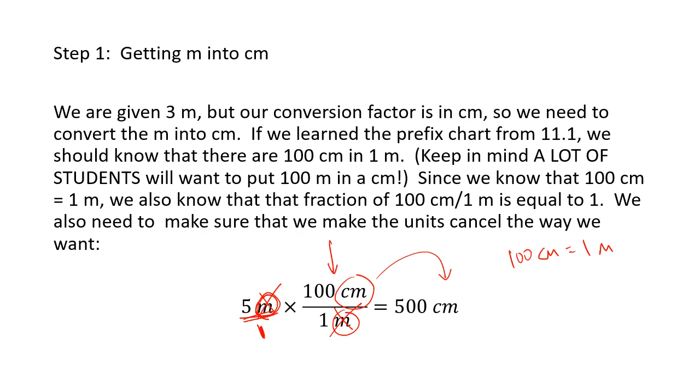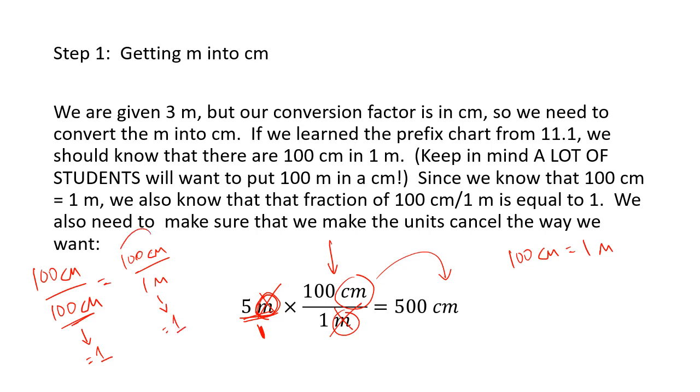So it may not be as obvious for some students. You may want to write this fraction like this, 100 centimeters over 100 centimeters, and then they can explicitly see the numerator and denominator are the same. And so that's maybe more obviously a factor of 1 for some students. And then change this out and say, okay, well, 100 centimeters is the same thing as 1 meter. And so now if this equaled 1, then so does this.